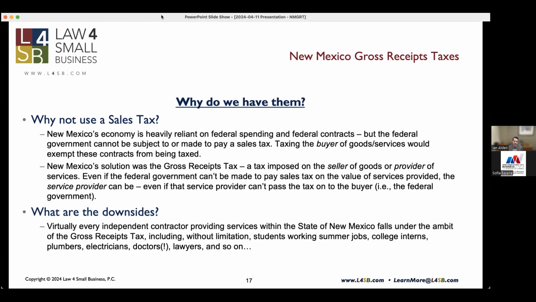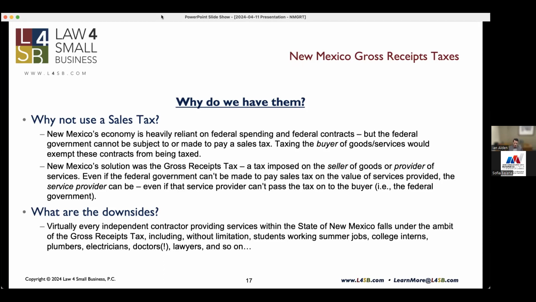So the traditional sales tax, like I said, in New York or Tennessee or whatever, we could not charge the federal government a sales tax for buying goods or services from New Mexico sources, from the labs, from construction companies, et cetera. Any business whatsoever that provides services or goods to the federal government in a sales tax model, no one would end up being taxed on that transaction, which means New Mexico would lose out on a lot of tax revenue.